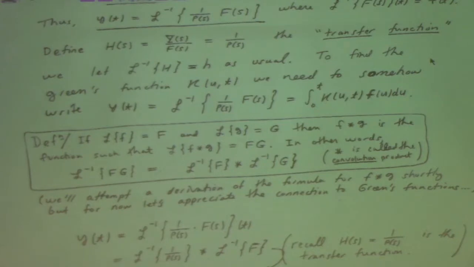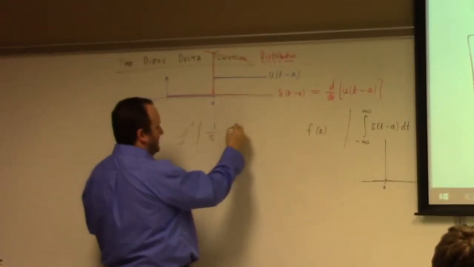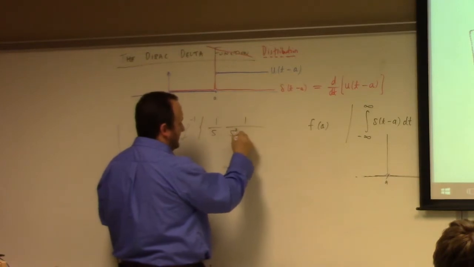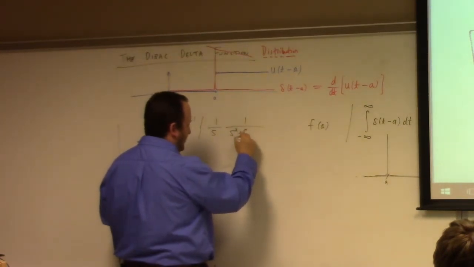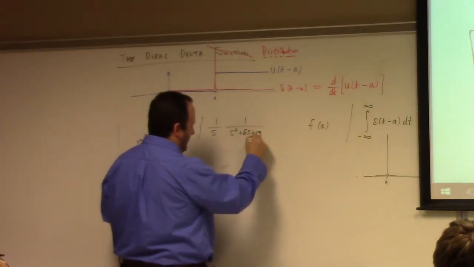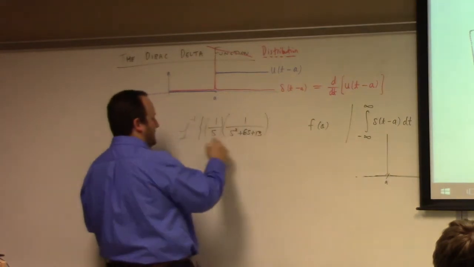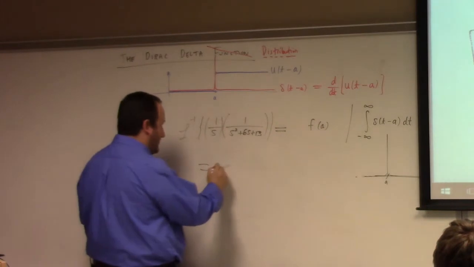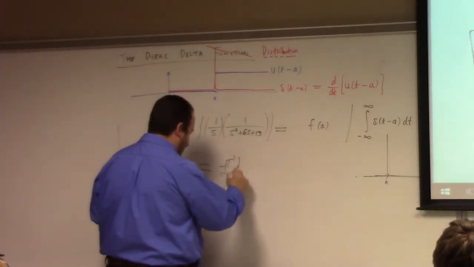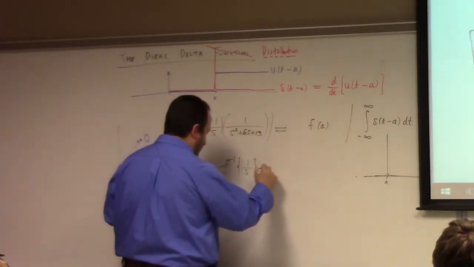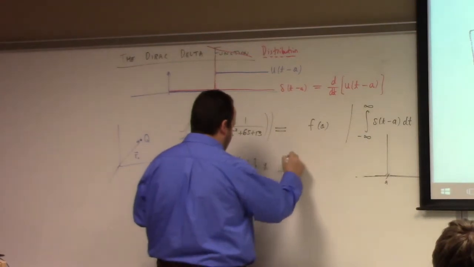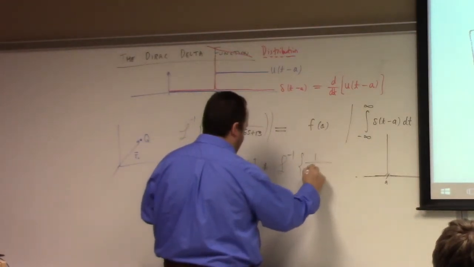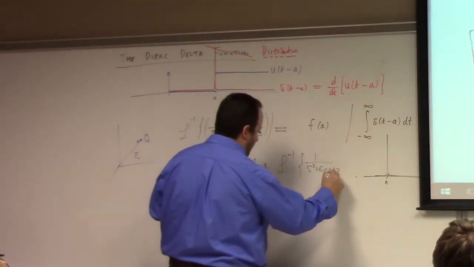If I wanted to take the inverse Laplace transform of the thing we just worked on, 1 over s times 1 over s squared plus 6s plus 13, what this convolution product is saying is that this would be equal to the inverse Laplace transform of 1 over s convoluted with the inverse Laplace transform of 1 over s squared plus 6s plus 13.